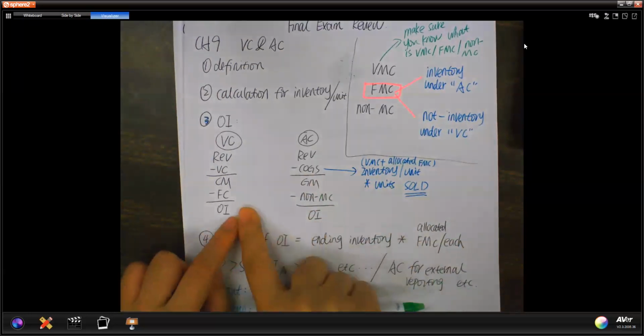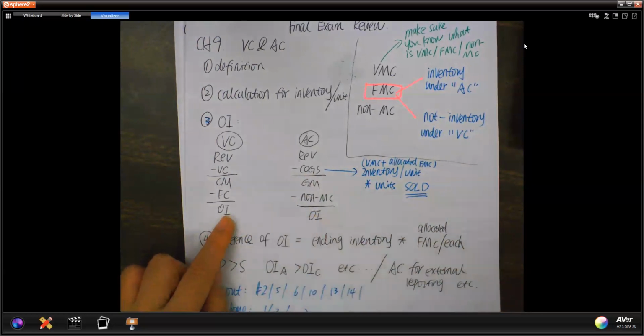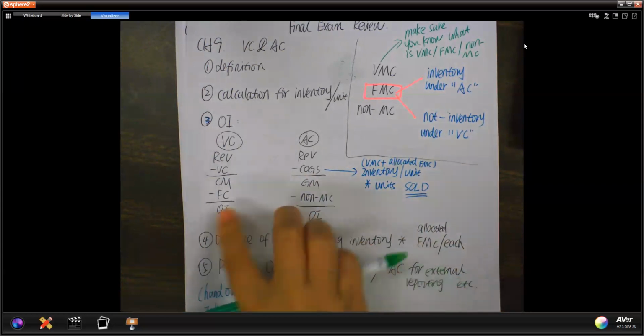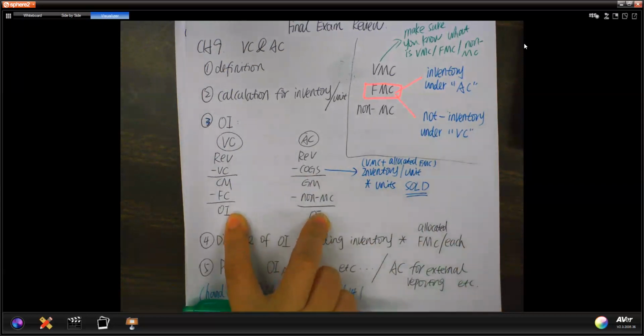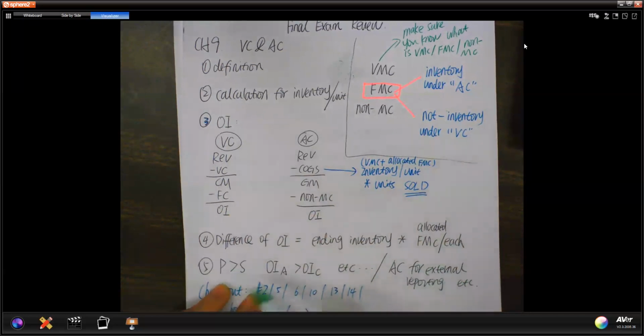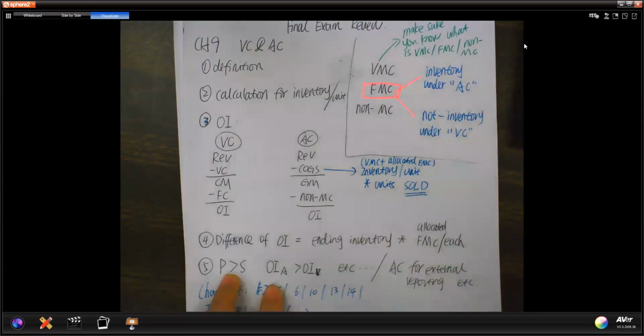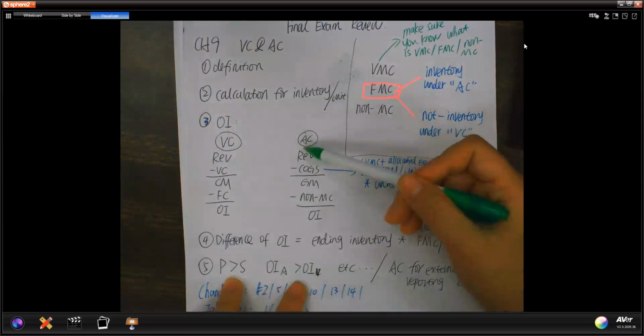And then we said when production is the same as the sales, then the operating income under both methods is the same. But if production is more than the sales, then operating income under absorption costing will be more than under variable costing. The main reason is if you produce more, then part of your fixed manufacturing cost is deferred, staying in your balance sheet instead of being expensed in the income statement.